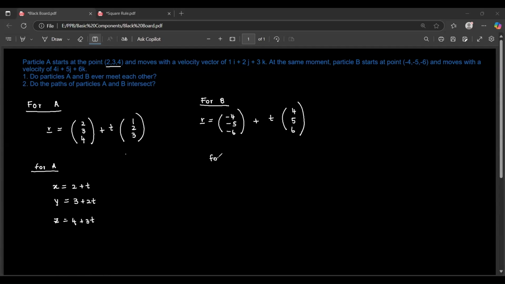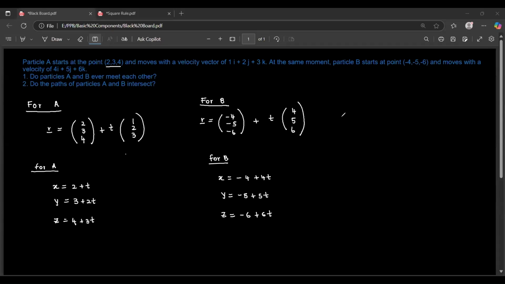Similarly, for B, the parametric equations are x = -4 + 4t, y = -5 + 5t, z = -6 + 6t.